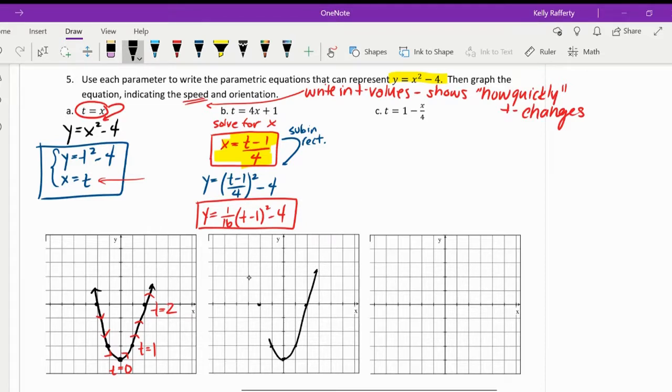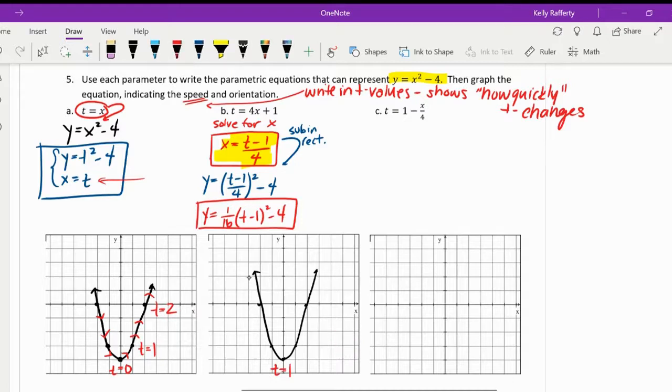And let's find our orientation. So for this one, I want to find, if I throw a 0 in here for x, and then I solve to find out what t is, I'll do it over here. 0 equals t minus 1 over 4. It looks like t would be 1 in that situation.